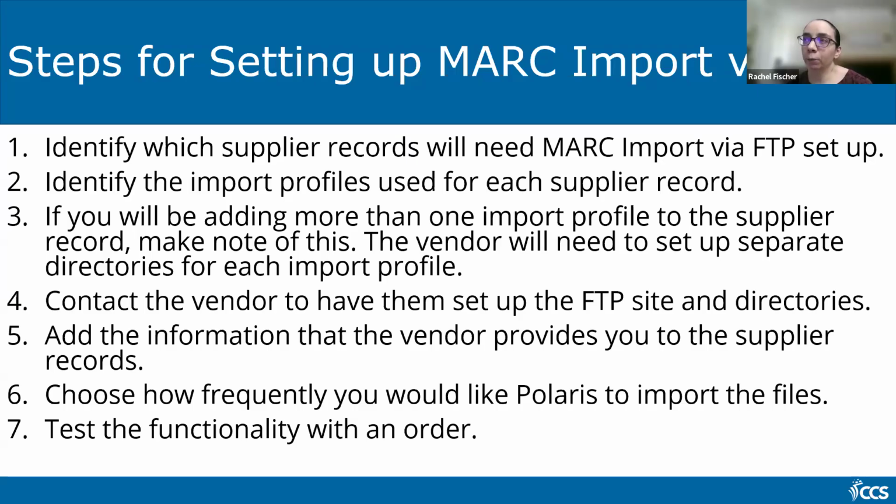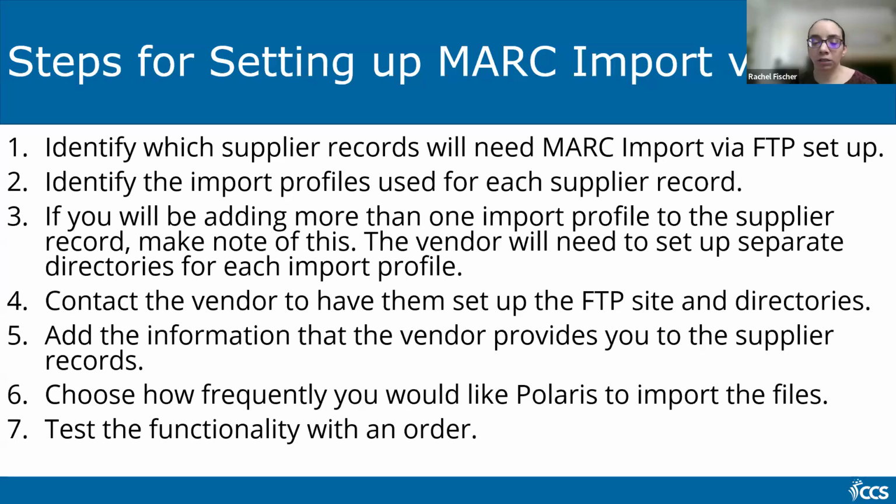So if you will be adding more than one import profile to the supplier record, you need to make note of this and let your vendor know when you contact them to set it up, that they will need to create separate directories for each import profile. So this could be a case when you are ordering both AV and books from the same vendor.